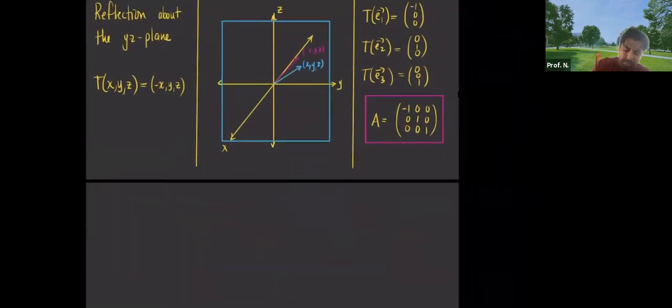So if we did the XY plane and we've done the YZ plane, then the only other plane that we have here is the XZ plane. So then we take our coordinate X, Y, Z and we only have to worry about the Y coordinate.